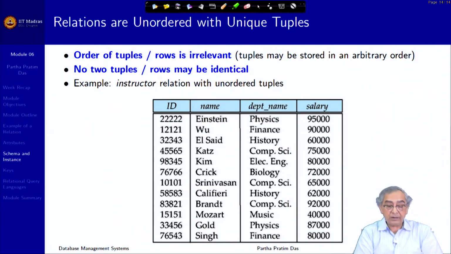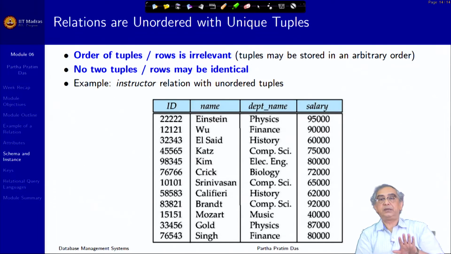Now, two things are very important to remember always. The order of tuples in the table, in the relation, is irrelevant. Like the row with 2, 2, 2, 2, 2, Einstein, etc., which is the first row, I can put anywhere else.